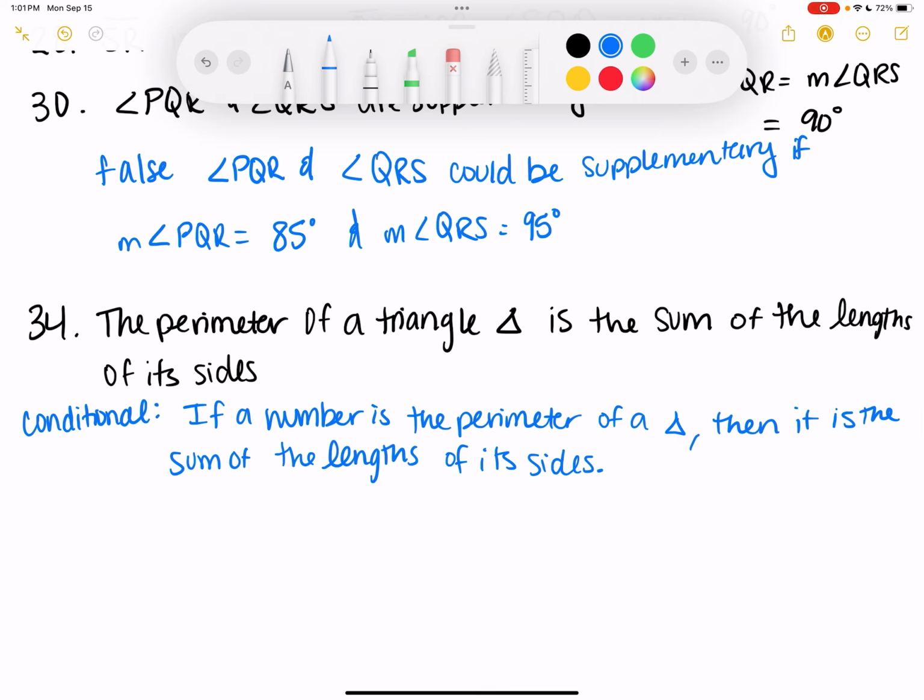What would my converse be if this is my conditional? If you add the lengths of the sides, it is the perimeter of the triangle. Yeah, that's fine.